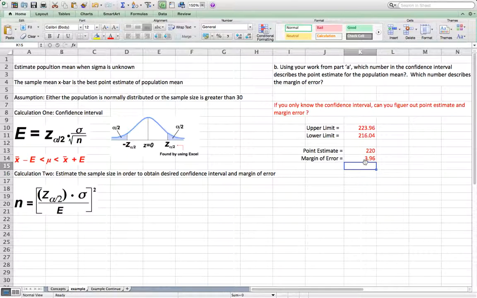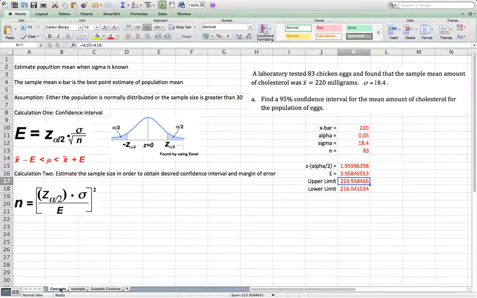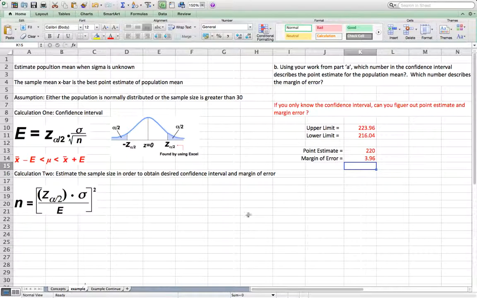Of course, this margin of error is slightly different from the margin of error we calculated. The margin of error calculated is 3.958. Since we rounded something, this 3.96 is exactly correct.